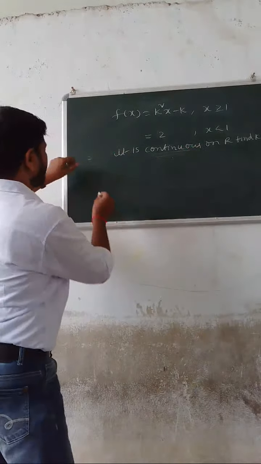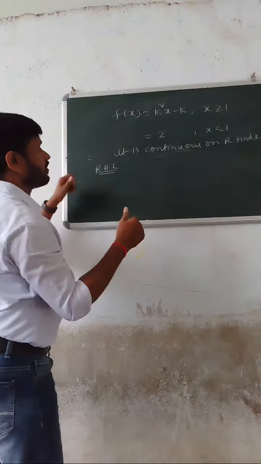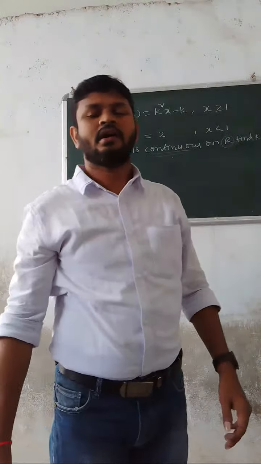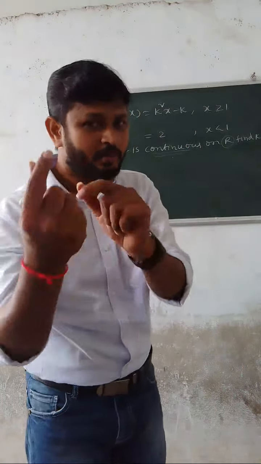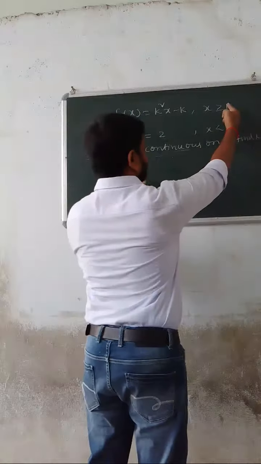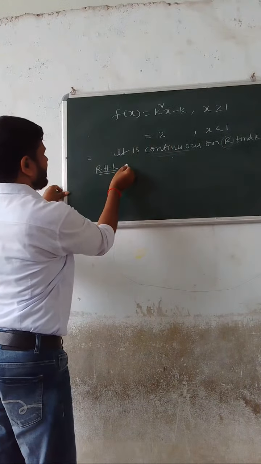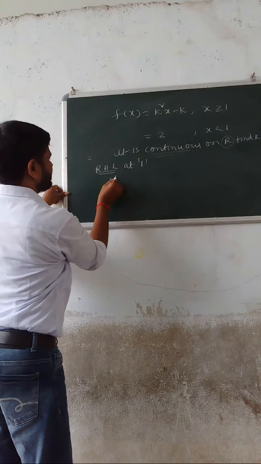Now we have to take the right hand limit. Continuous on R, R means 0, below 0 and above 0. But what are the numbers? See in the question, 1. Now we will go for it at 1: right hand limit at 1.